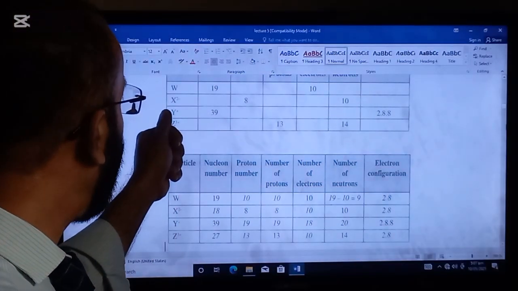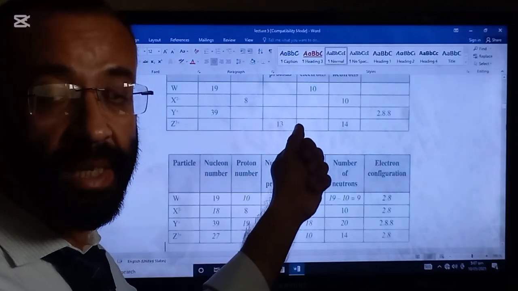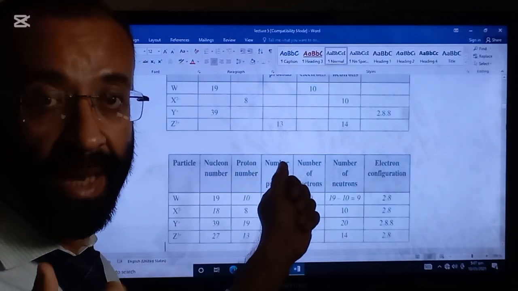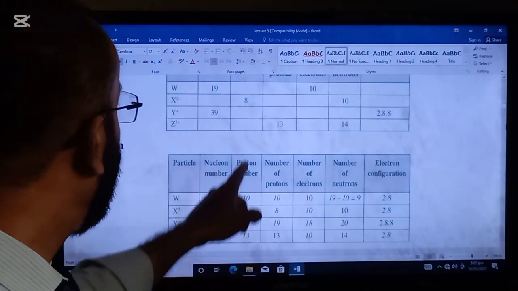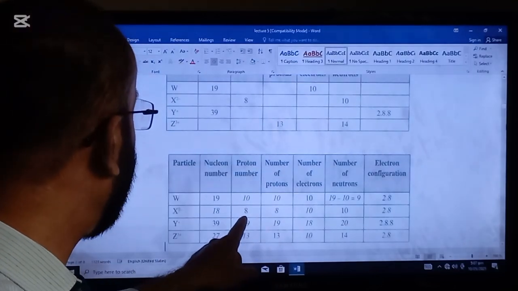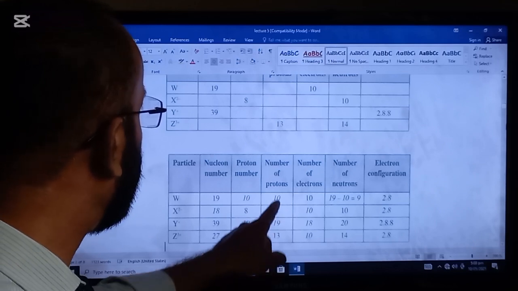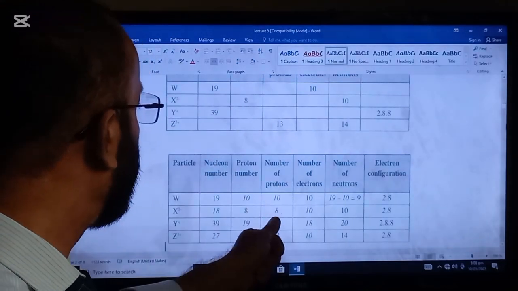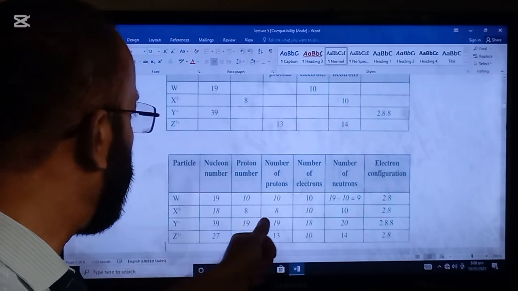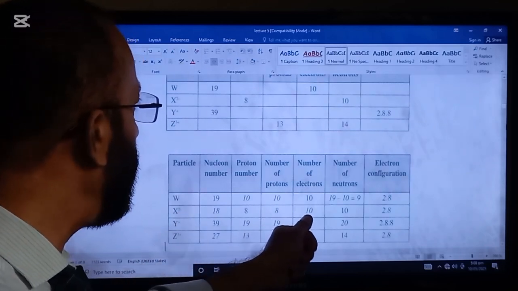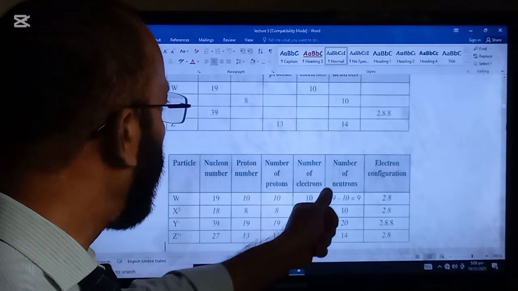Particle X has 2 minus charge, and from this we can see X particle has gained 2 electrons. So proton number is 8, so it means there will be 8 protons, so 8 will be placed here. Because it has gained 2 electrons, 8 plus 2, 10 electrons will be there, so 10 will be placed here.